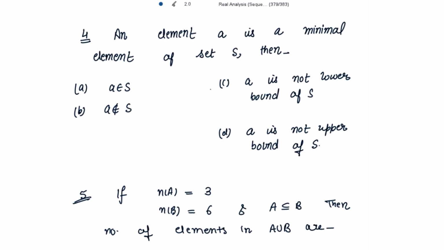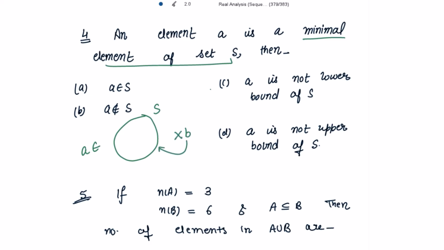Next is the fourth. An element a is a minimal element of the set S. What do you mean by a minimal element of the set S? Suppose this is a set S. If a belongs to this set, then there cannot be any element b in this set such that a is greater than b, because a is the smallest element.